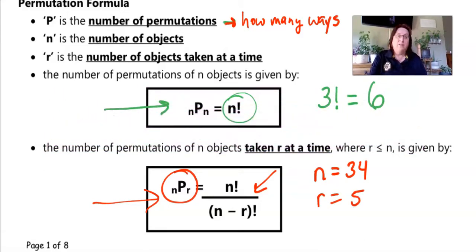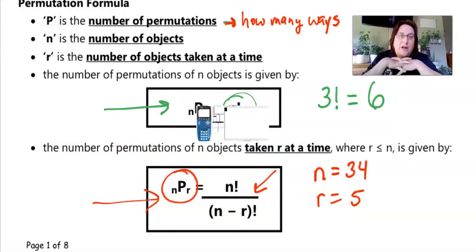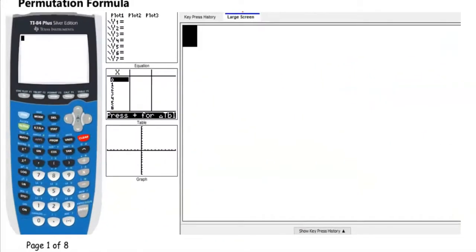So let me show you how to do this in your calculators. We're going to look at the probability underneath the math function, and here's how we're going to do it. The first thing you're going to do is type in your value for N. So our N is 34. So in my calculator, I'm going to type in 34. Then I need it to calculate a permutation for me.